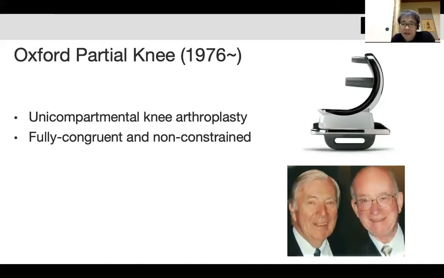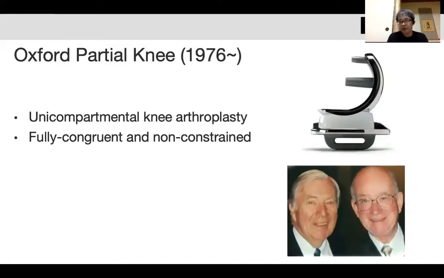The great innovation is that they changed the shape of the femoral component to a true single radius. So full contact, full congruence can be achieved after the change of the femoral component. In our knee, the meniscus can change its shape.